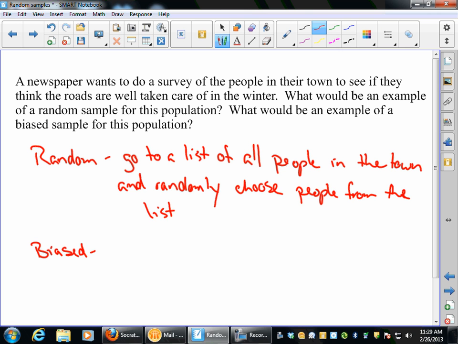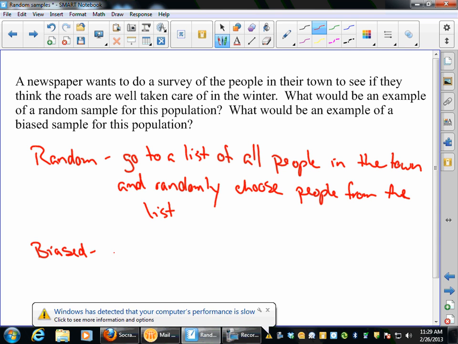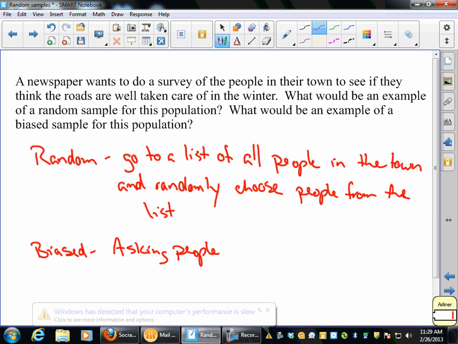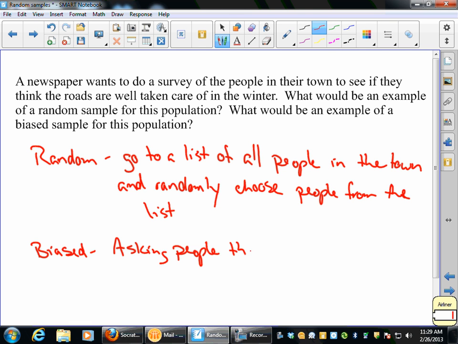Now see if you can think of a biased example for this. My biased example would be just asking the people that work for the town, like the plow truck drivers.